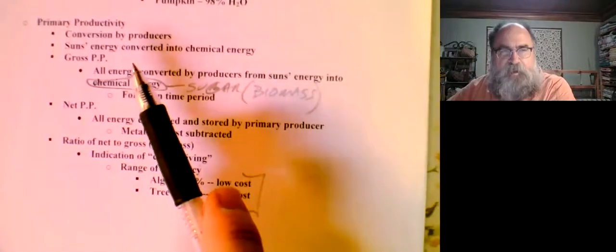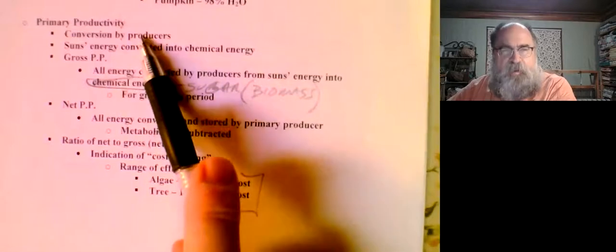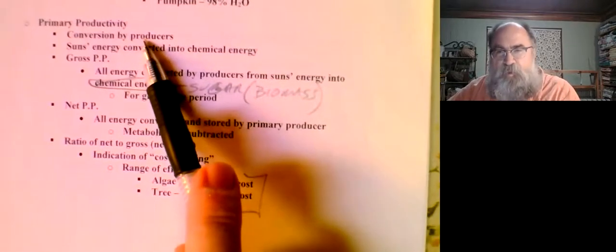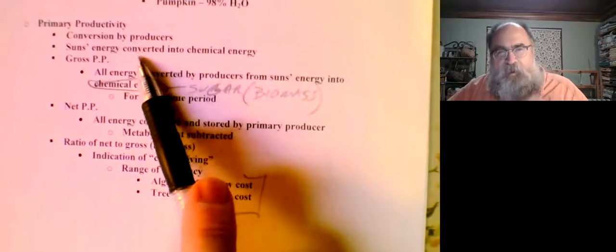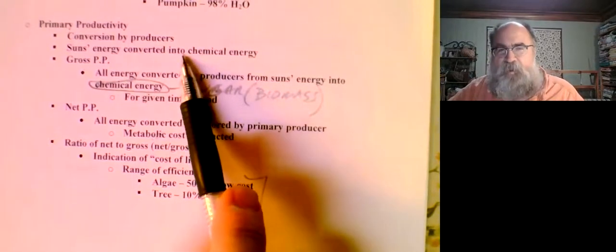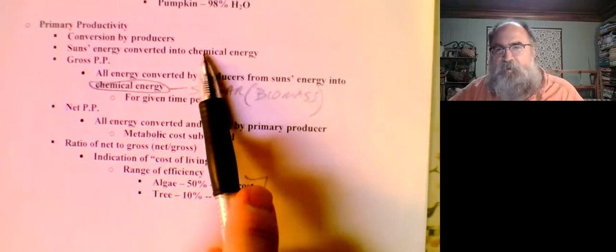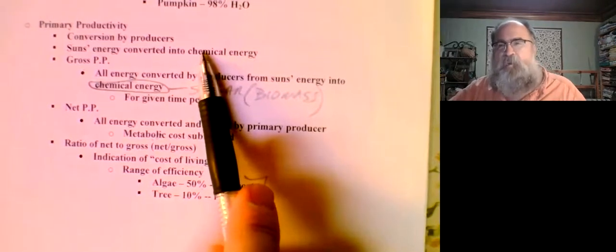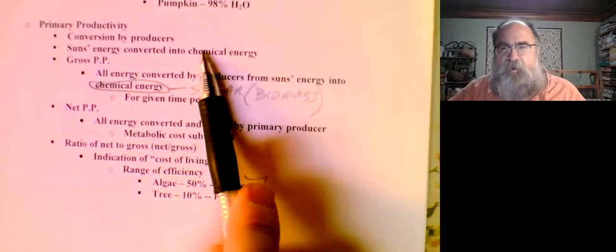And so primary productivity. This is going to be the producer's game plan. Let's convert the sun energy into chemical energy. So photosynthesis, and we're coming up with the sugar, the starches that we're putting into the potato, into the rice grain, whatever it is that we're making, all right?